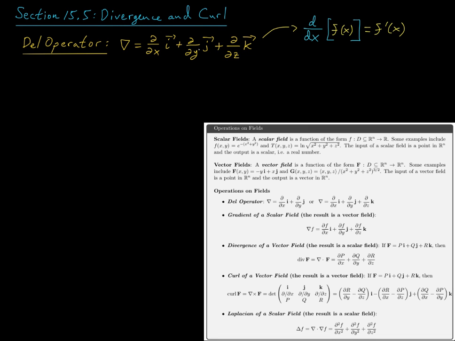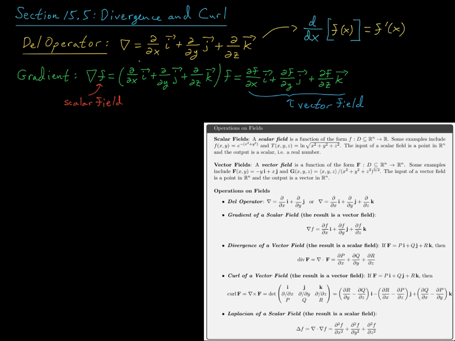These partial derivative symbols you can think of as awaiting a function to differentiate. Now one of the main benefits of introducing this operator is that the 3 main operations in all of vector calculus, namely the gradient, the divergence, and the curl, can be very nicely expressed in terms of this operator. So let's go ahead now and walk through each of these operations.